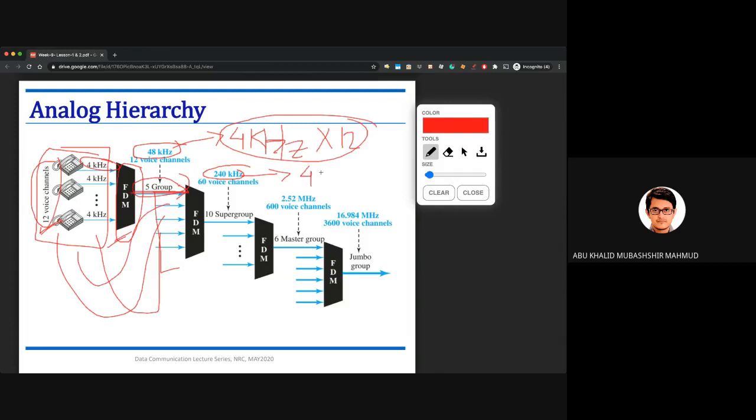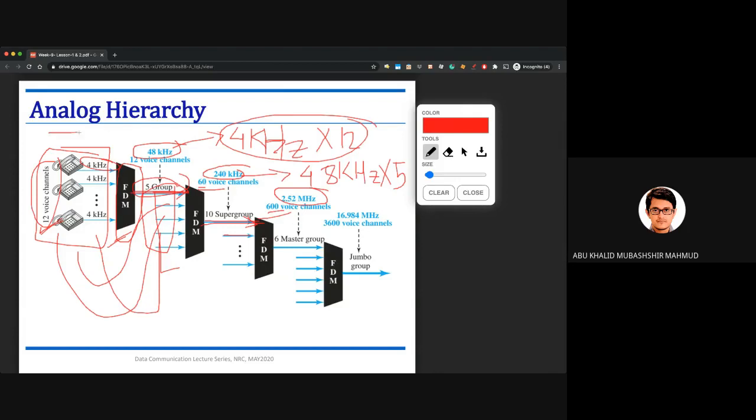We get the 48 kilohertz for each channel, and then multiply it with 5 because only 5 are connected to form this supergroup, the single channel supergroup, and then this thing goes on. 10 groups of supergroups, each with 60 voice channels, gives us 600 voice channels, and so on.